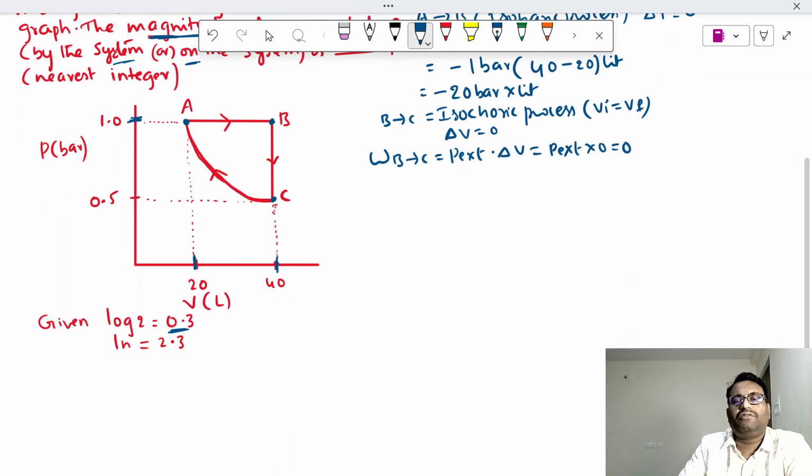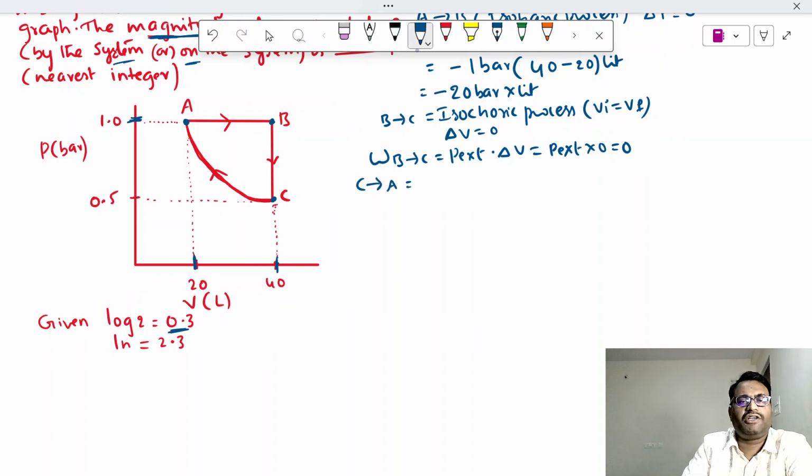Next, coming to work done in the process C to A. First of all, we have to see what this process C to A is.